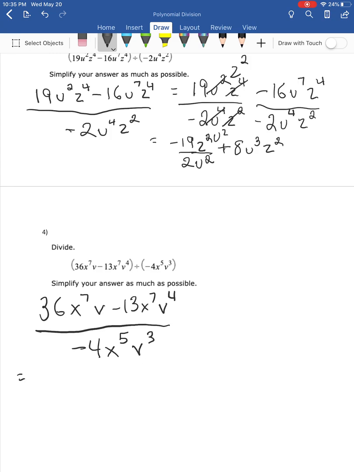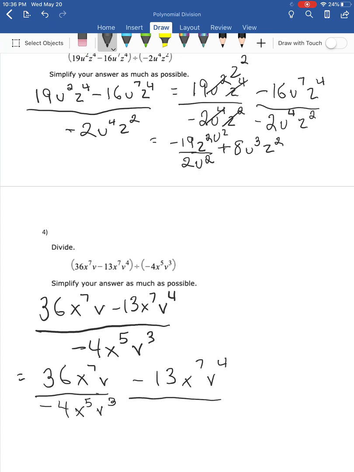We'll separate out into two divisions. 36 x to the 7th v over negative 4 x to the 5th v cubed minus 13 x to the 7th v to the 4th over negative 4 x to the 5th v cubed.